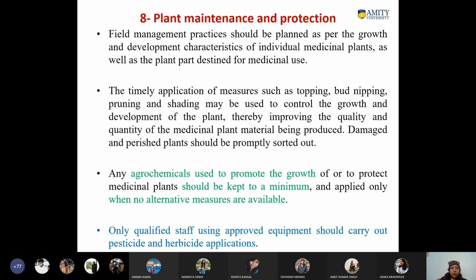Okay, so it is given that agrochemicals, which are generally used to promote the growth, should be kept to a minimum and should be used only when no other alternative measures are available.